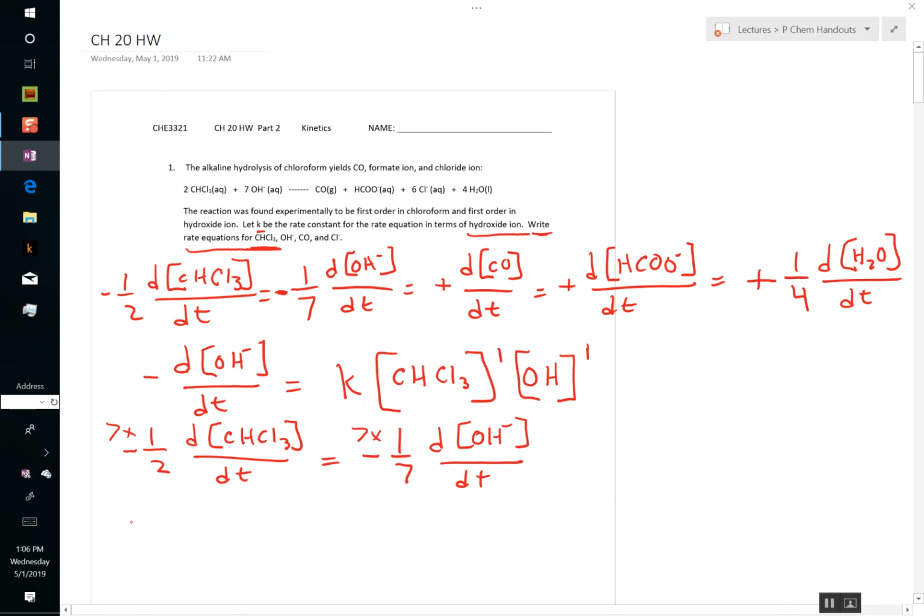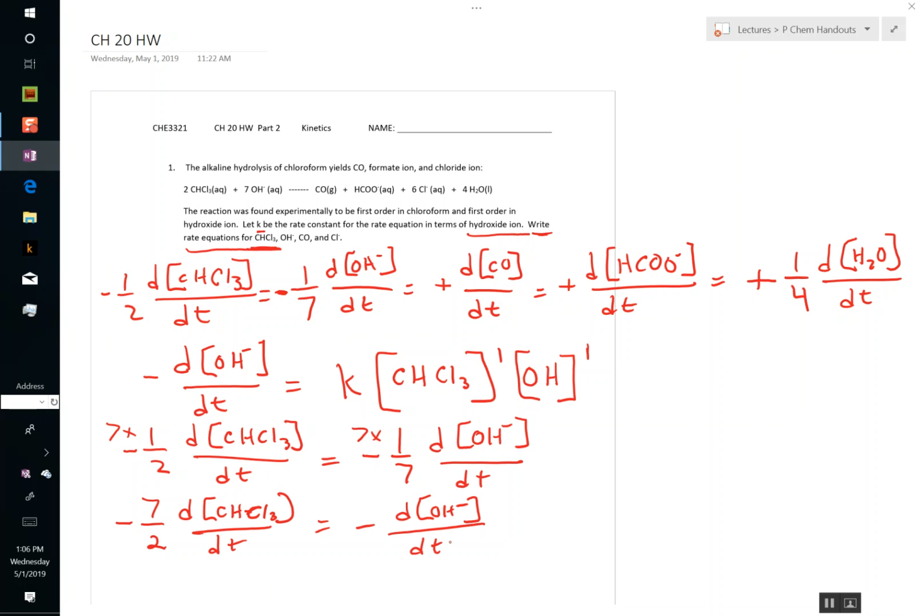I'm going to get that the negative 7/2 the change in the chloroform with respect to time equals... We said this up here, so I'm just saying it again down here, getting an expression that says what this rate is equal to in terms of that rate.